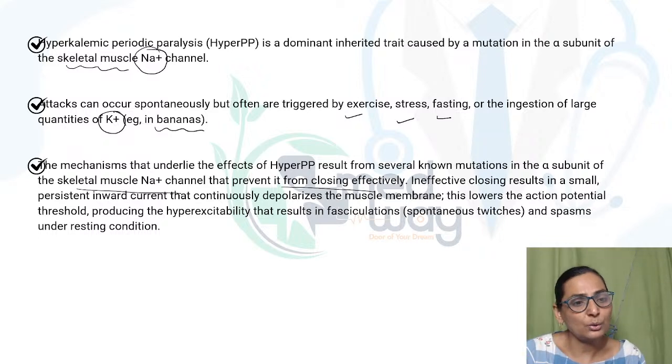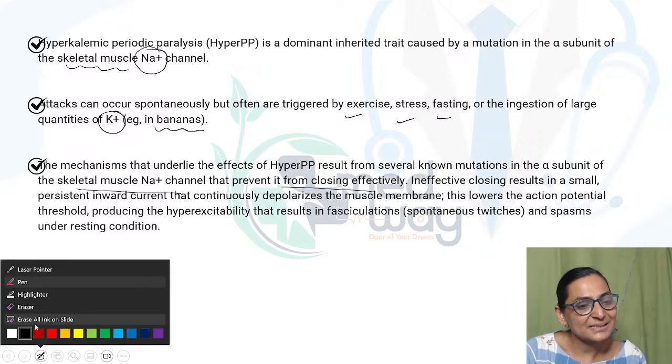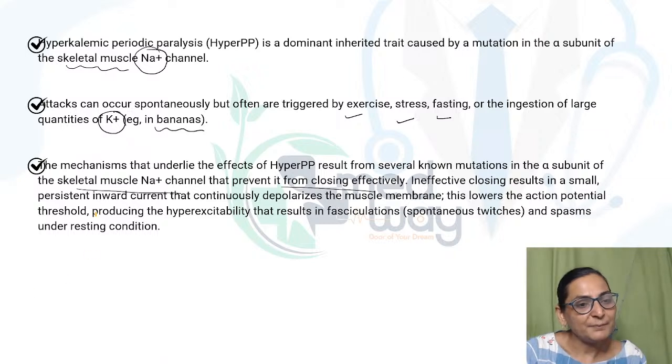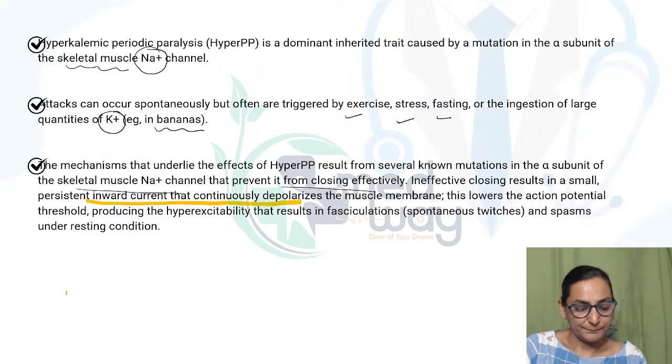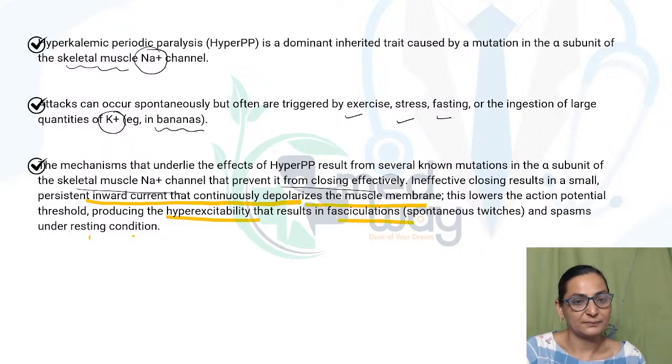If they do not close properly, there will be a persistent inward current which will keep on depolarizing the muscle membrane, producing hyperexcitability and muscle twitches even under resting condition, right?